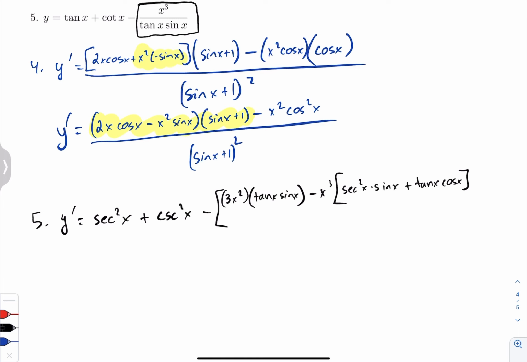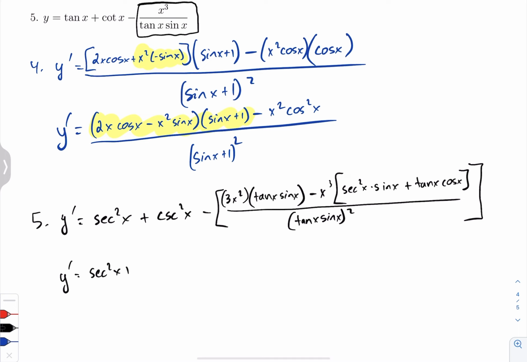Okay, and that all gets divided by the denominator squared. And another bracket here. All right, so that's good enough, but let's simplify a little.